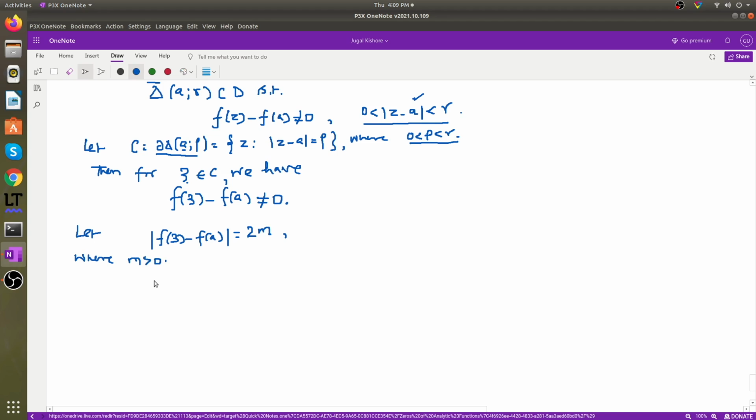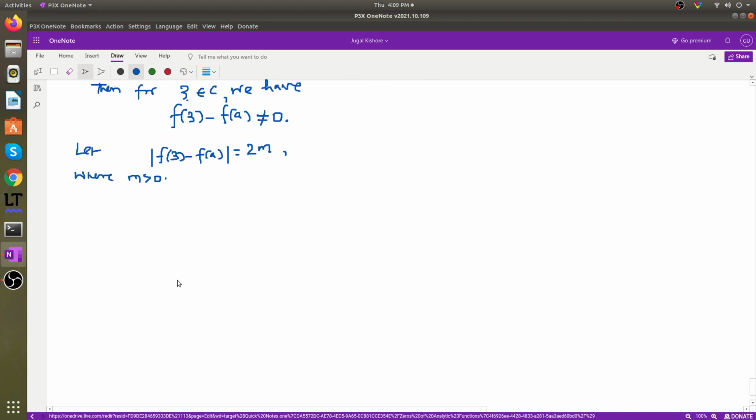Now we need to prove this theorem. We need to prove that every point w in the disk of radius m at center f(a) is an interior point.